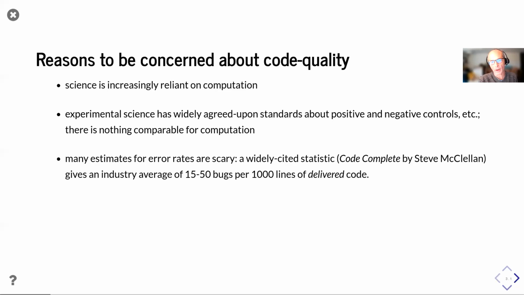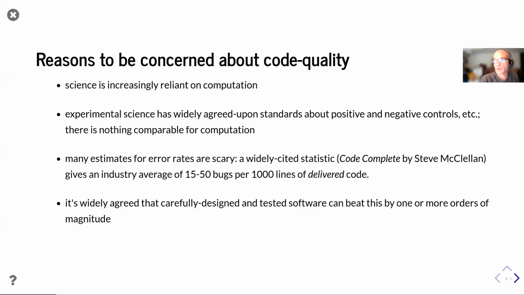It's also widely agreed upon that you can do a lot to reduce this error rate considerably, and depending upon how much effort you're willing to invest, you may be able to get it down by one or more orders of magnitude. While this may not protect you against any kind of error, it certainly diminishes the risk of serious error or just simply personal embarrassment.